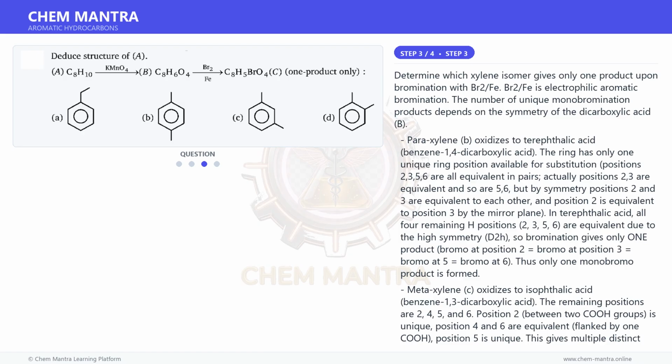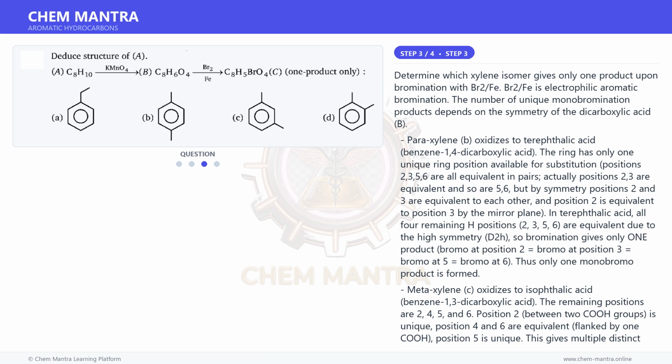Positions 2, 3, 5, 6 are all equivalent. Actually, positions 2 and 3 are equivalent, and so are 5 and 6, but by symmetry, position 2 is equivalent to position 3 by the mirror plane.